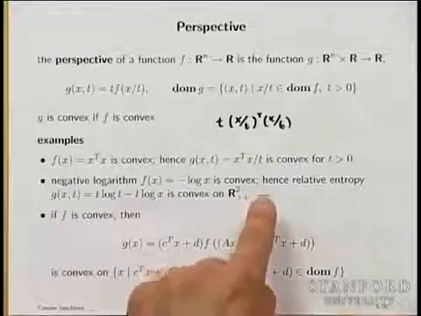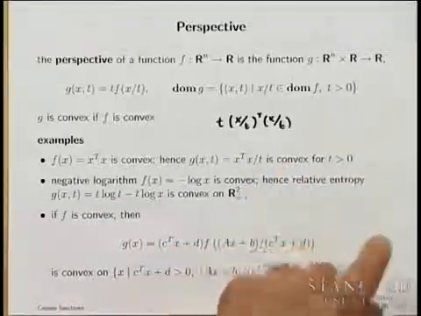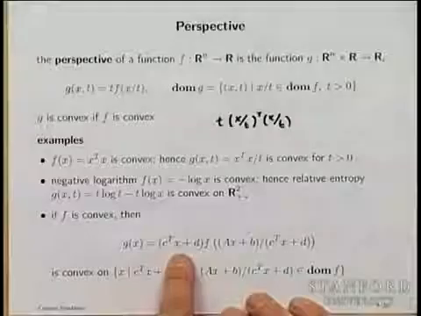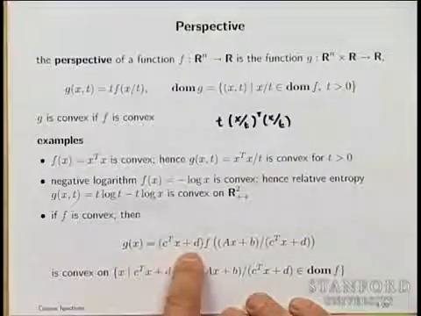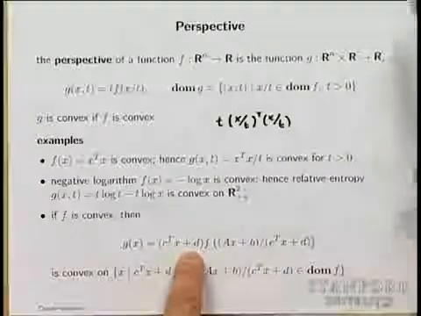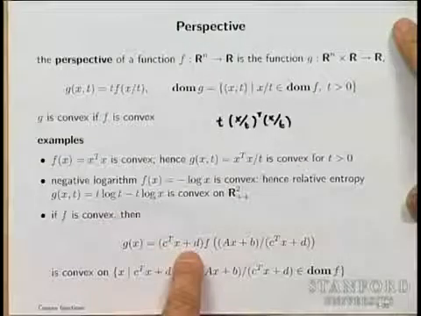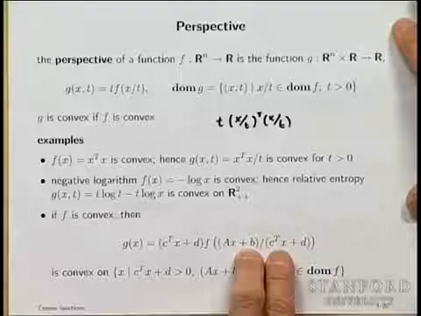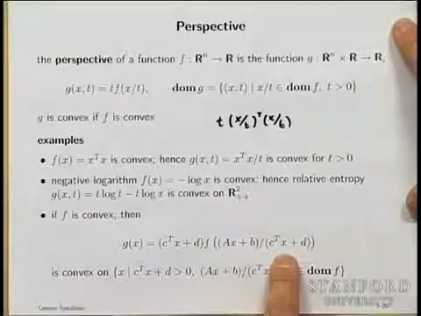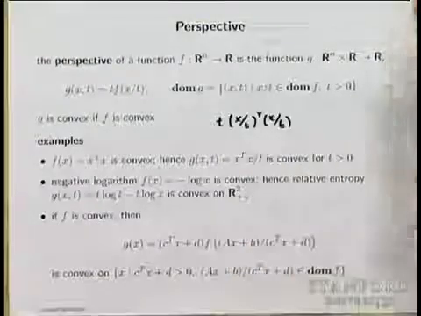And by the way, from this you can derive the various things like negative entropy, Kullback-Leibler divergence, and all that kind of stuff. Another example would be something like this. If f is convex, then g, which is an affine positive function multiplied by f of a general linear fractional transformation, but with the denominator required to be positive, that's going to be convex.